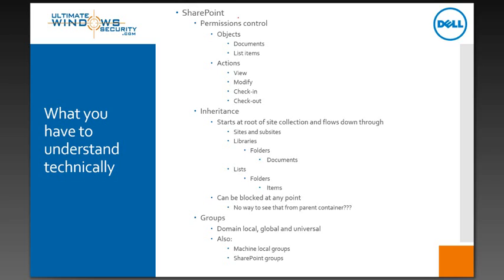But again, those group memberships with SharePoint groups are buried inside of SharePoint. You will only know about them if you go and look in SharePoint. So again, the more we can avoid using machine local groups on Windows servers and SharePoint groups in SharePoint, the better off we are for being able to have centralized visibility and control of our entitlements.